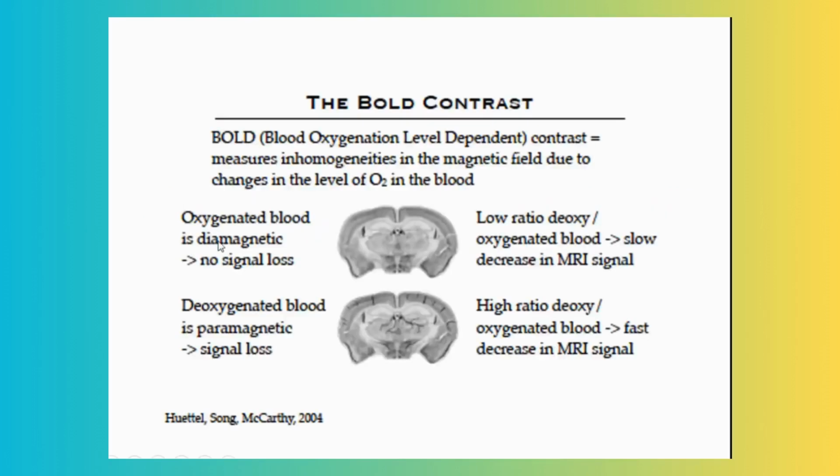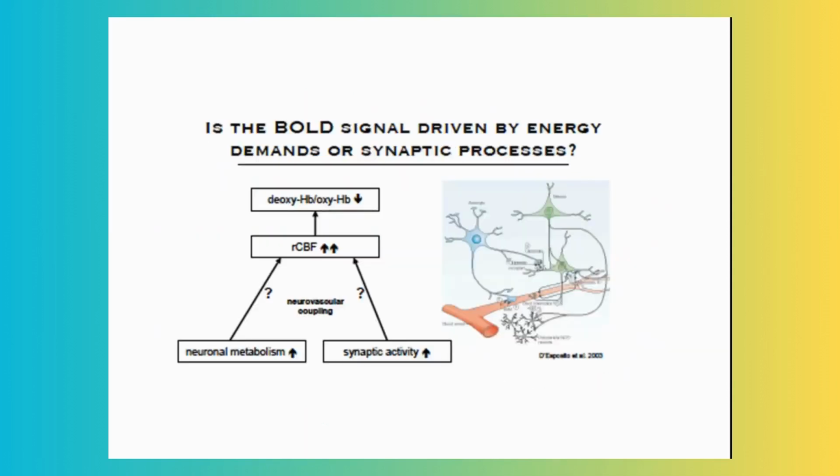So basically, oxygenated blood is diamagnetic, so it doesn't drop out signal on T2 star weighted imaging. On the other hand, deoxygenated blood is paramagnetic, so it will cause dropout of signal when it is in the vessel. What happens is that when there is synaptic activity due to neuronal metabolism, there is increased perfusion to that synapse, increased blood to that area.